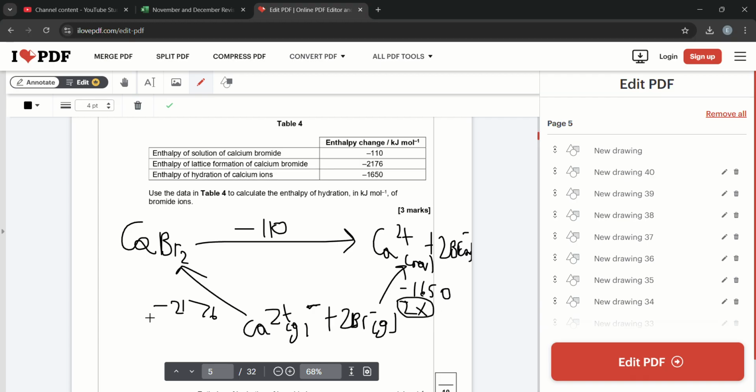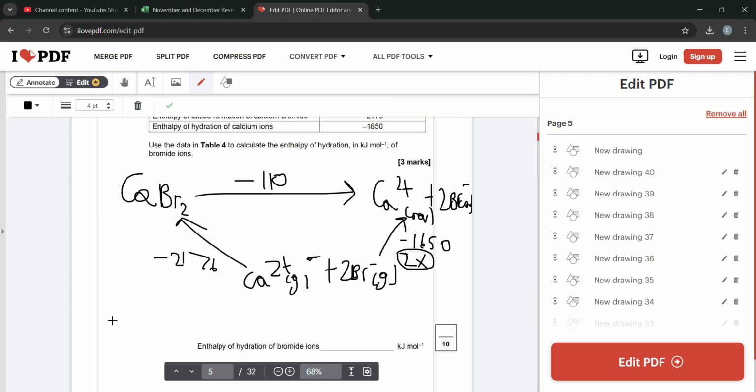So now we can basically construct an equation. So minus 110 is equal to, from here to here, Hess's law: the total enthalpy change is independent of the route taken.